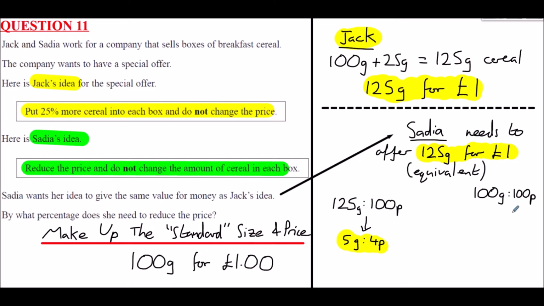So let's think of it this way. So Sadia wants it to be like this, 100 grams for 100p, because obviously that's the same as what... So Sadia wants it to be this here.